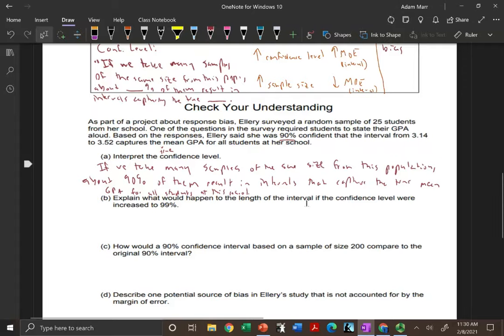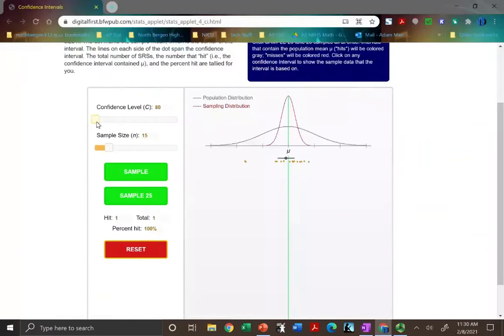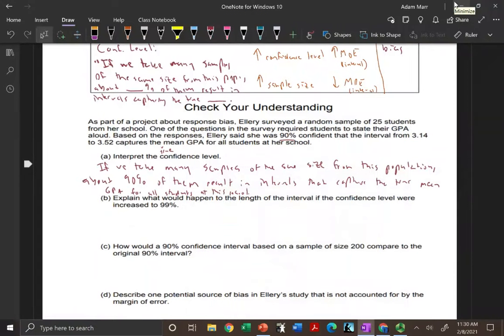Explain what would happen to the length of the interval if the confidence level were increased to 99%. Well, remember, if we increase the confidence level, the interval widens. Increase right here, what's happening? It's getting bigger, bigger, bigger. So we're going to say it would widen because the margin of error increases.